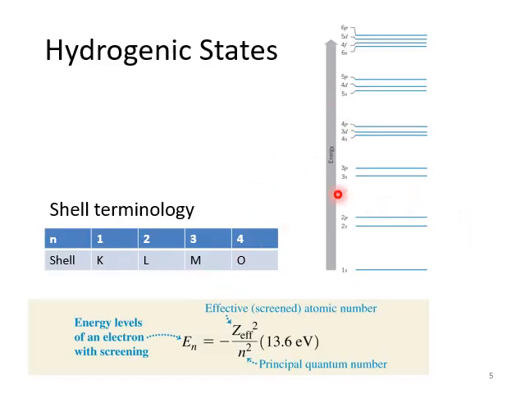So I mentioned here again our shell terminology, and here's a picture somewhat of the listing that I gave you previously on the table on the previous page. 1s state, 2 states S and P, the 3 states S, P, and then D is here, and we'll understand a little bit more about why the D state ended up in this range here, 4 states, and so on.